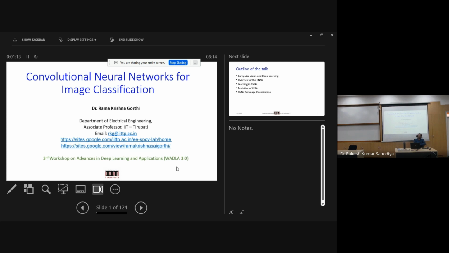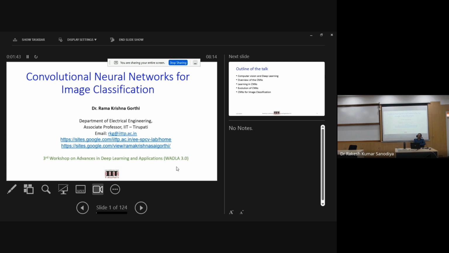I will start by giving more details of convolutional neural networks. Essentially, I will be discussing some key aspects of learning in convolutional neural networks, learning in deep neural networks. What are the differences between learning a simple or shallow neural network with very few layers versus learning a neural network with hundreds or thousands of layers?